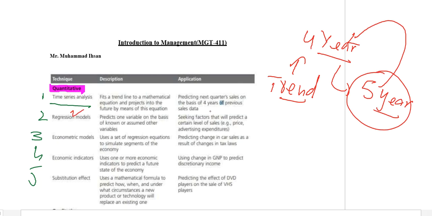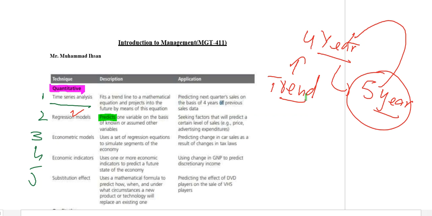Number 2, regression model. In this, we predict or we forecast. As I have told you, forecasting is also called prediction. So we predict one variable on the basis of another variable.